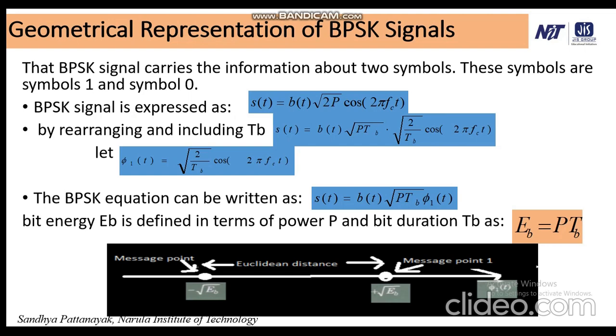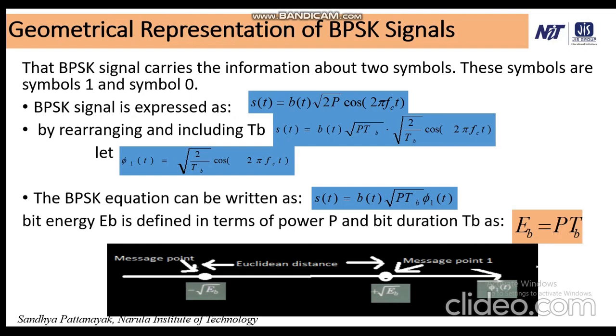Okay, now we will discuss the geometrical representation of the BPSK signal. In the previous slides, I discussed the time domain representation. Now I'll be discussing the geometrical representation in the signal space, where the symbols 1 and 0 are plotted on the signal space.